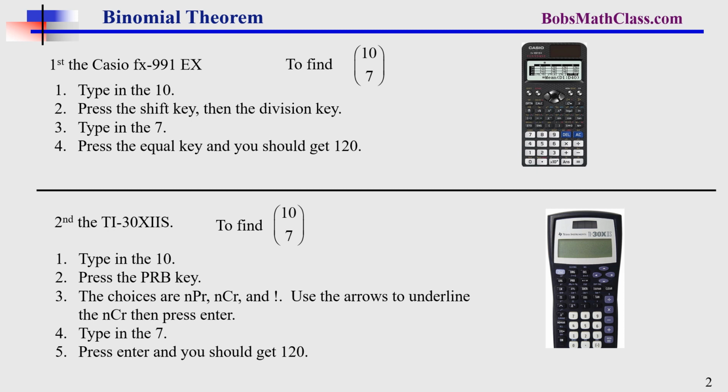And you'll see some choices: NCR, NPR, and an exclamation point, which is called a factorial. Then use the arrows to move the underline to one of those choices. Once it's underneath the NCR, press enter. Then the 7 and press enter again, and you should get 120 one more time.